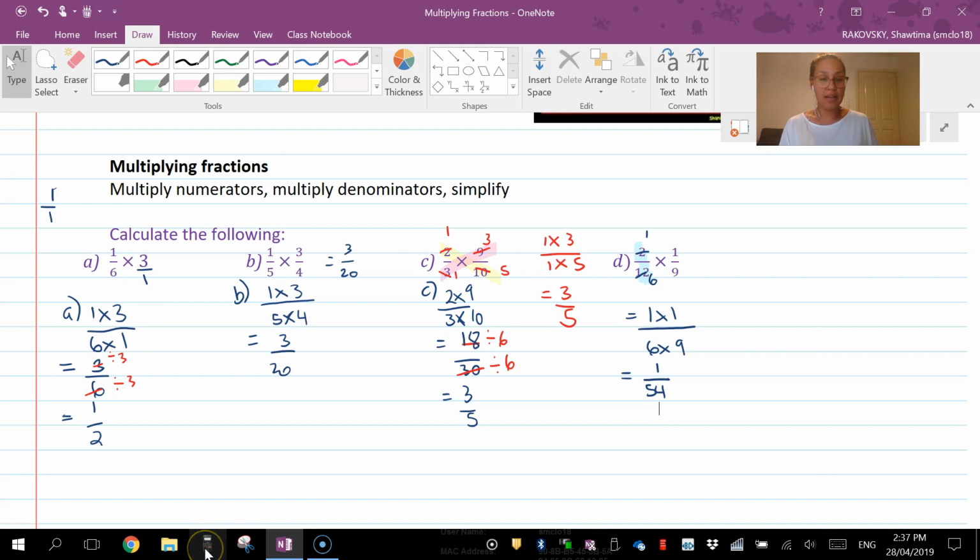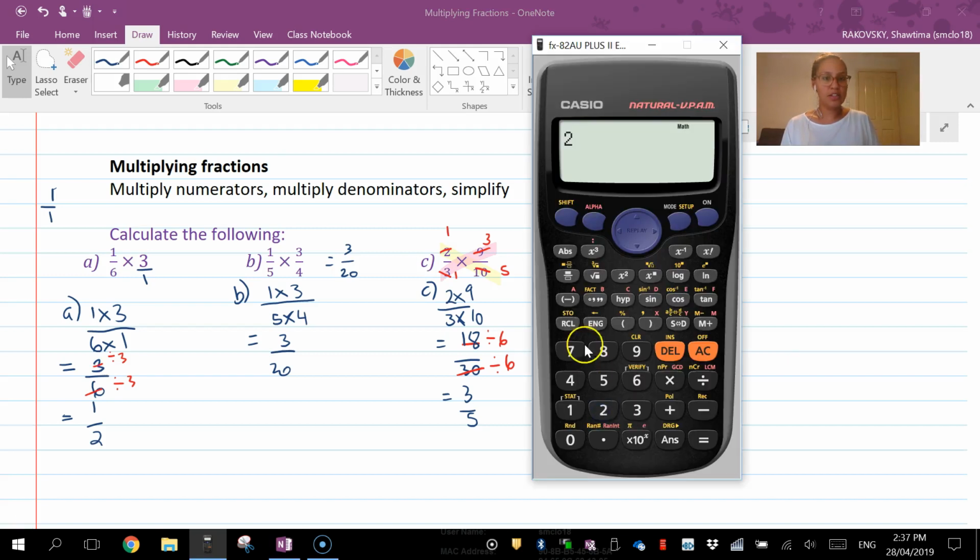If you have your calculator, I'm just going to open up my calculator and show you how you would put that in. I'm just going to do question C here. So you can see that your calculator actually does all the simplification for you. That's another beauty. But remember, the aim of this video is to show you so that you are able to demonstrate that you can do this without a calculator.